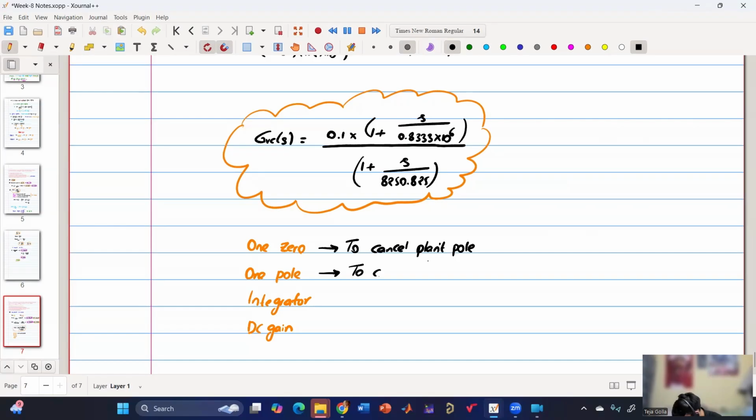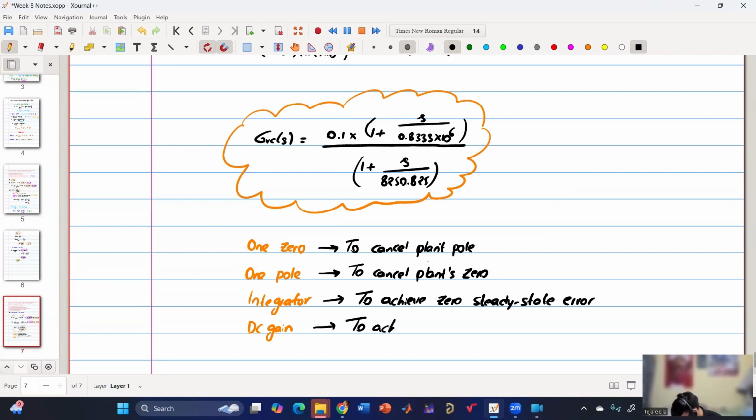To cancel plant's zero. Integrator to achieve zero steady-state error. DC gain to achieve desired bandwidth or gain performance.